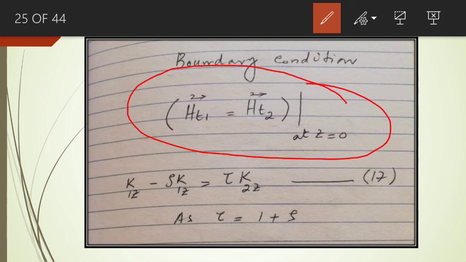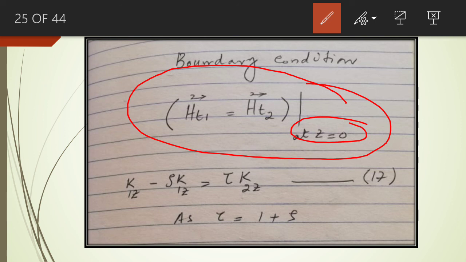What is HT1? HT1 is the tangential component of H1, and HT2 is the tangential component of H2. And we know that HT1 and HT2 are in terms of z. So we put the value of z equal to 0 in this particular equation.